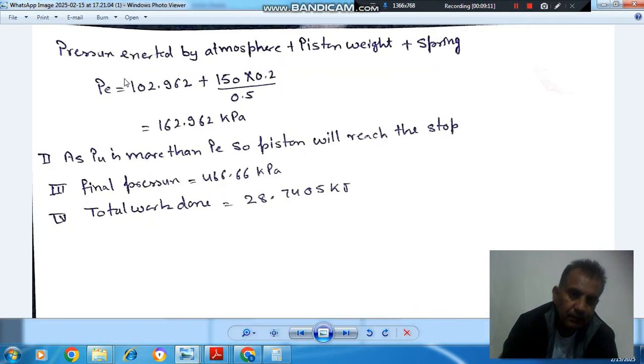Now the final pressure is this, but the pressure exerted by the atmosphere, piston weight, and spring is this. This is the spring stiffness, this is the area of the piston, and this is the displacement of the spring. That makes the spring pressure, and adding the atmospheric pressure plus the weight of the piston pressure calculated earlier, this comes as 162.962 kPa.